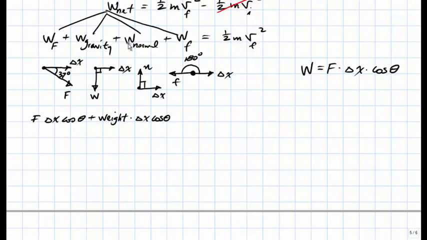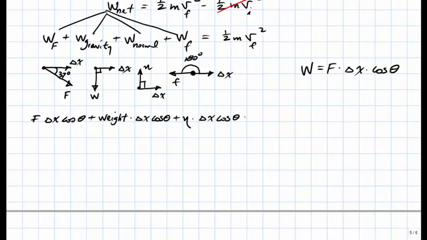The work done by the normal, again, requires a force, a displacement, and an angle. The force of the normal is referred to as N, times the displacement, times the cosine of the angle between the normal and the displacement. Now again, take a look. The normal's directed upward, the displacement's directed to the right. The angle between them is 90. This term will disappear as well.